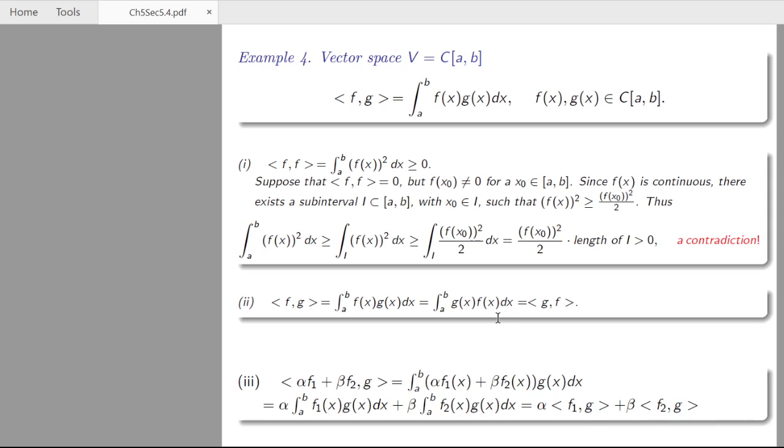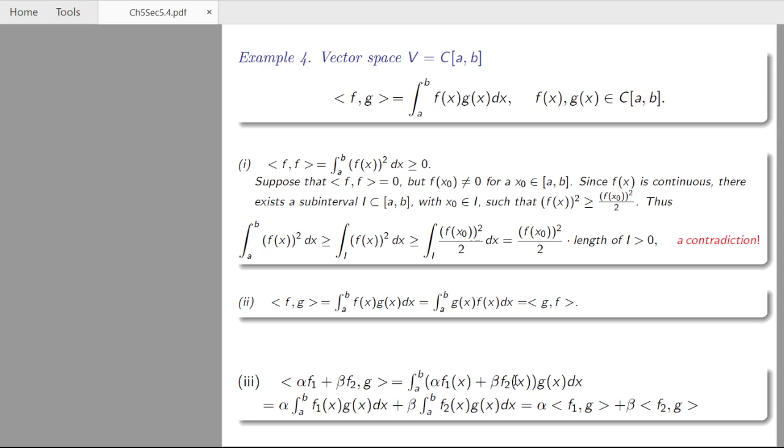The third property is also simple. We consider the operation between alpha f1 plus beta f2, and g. By the definition, we substitute f in the definition by alpha f1(x) plus beta f2(x).